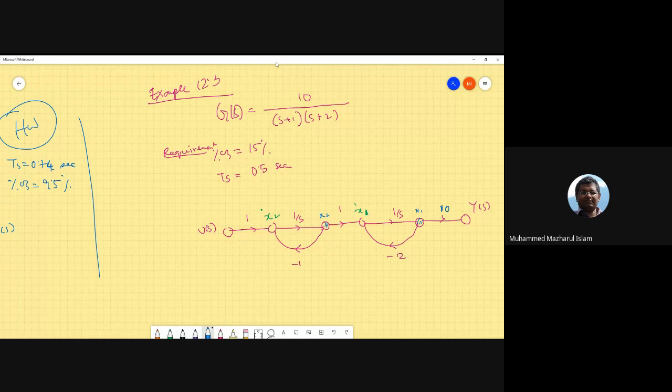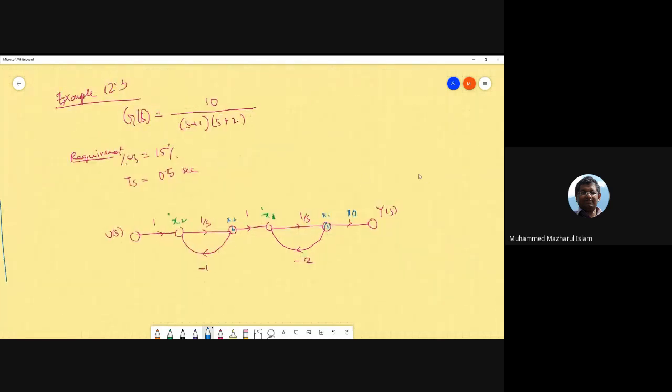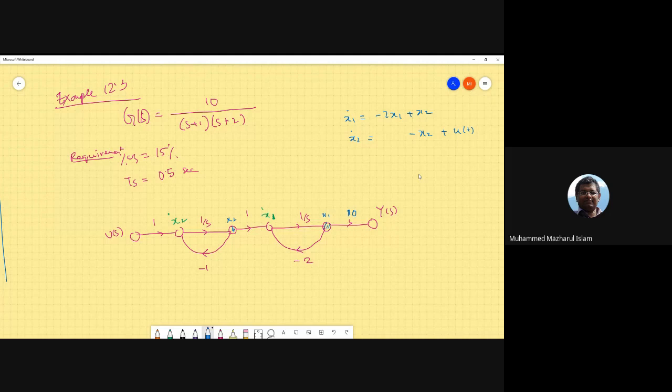But if you want, you can check the controllability matrix. First, you have to write down the system description. So x1 dot equals minus 2x1 plus x2, and x2 dot equals minus x2 plus u, simply u(t), or r(t), whichever you feel is right.